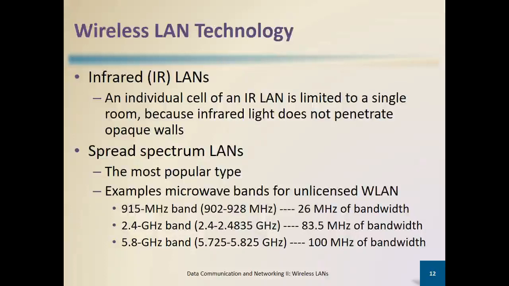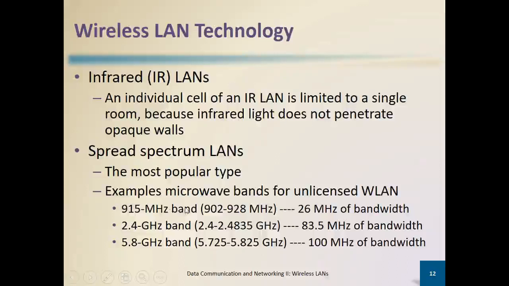These are the unlicensed microwave bands for wireless LANs: the 915 megahertz band, the 2.4 gigahertz band, which is mostly for your Wi-Fi these days, and the 5.8 gigahertz band, which is for point-to-point and other high bandwidth transmission needs, even for some house phone devices or other microwave systems.